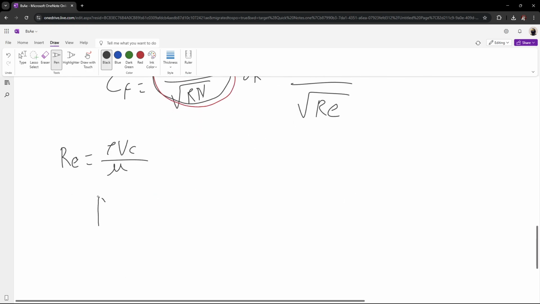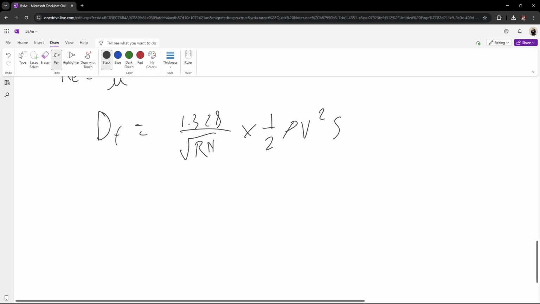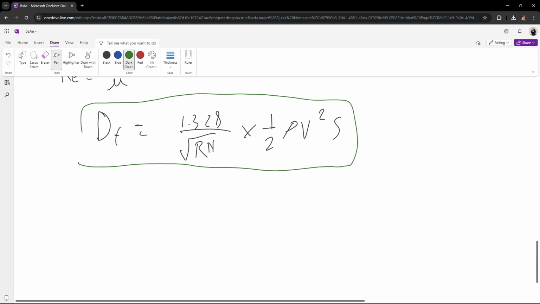In turn, the total skin friction drag will be 1.328 over square root of Rn multiplied by 1/2 rho V squared S. That's the general formula.